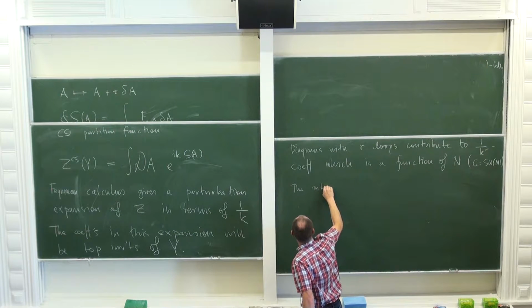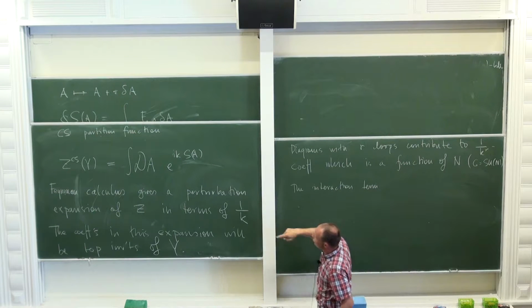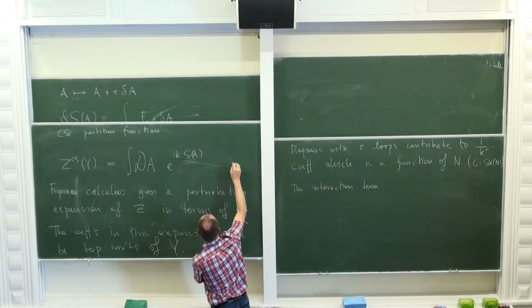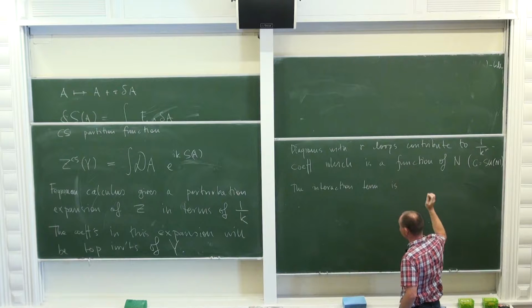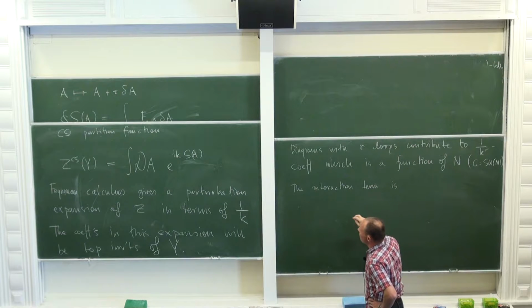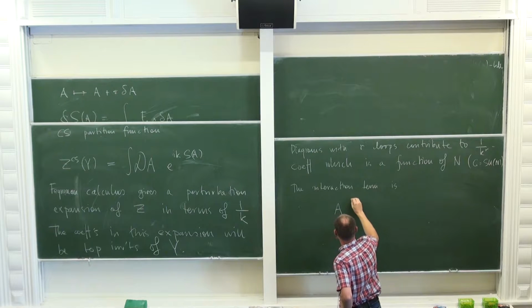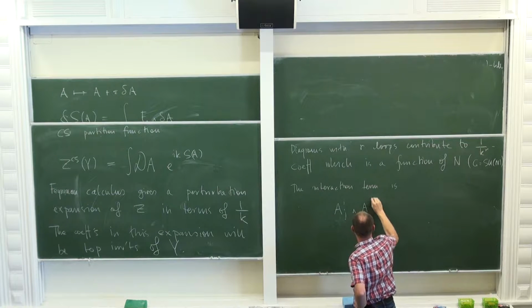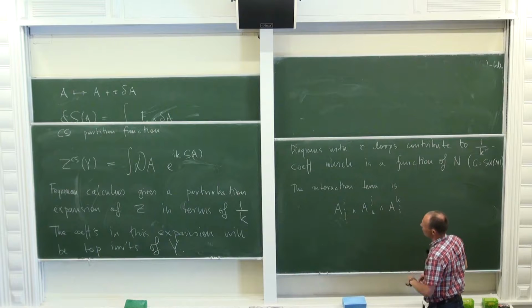The interaction term, let's say this cubic term in here, which was right here, is given by A_ij A_jk A_ki.